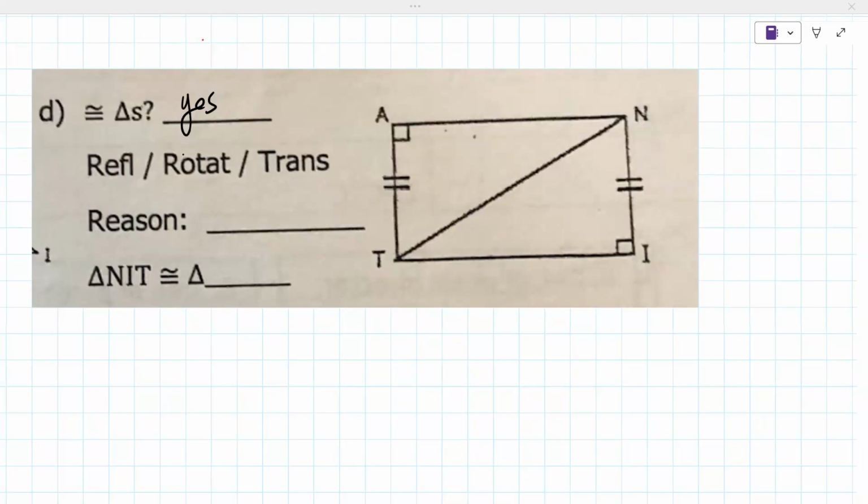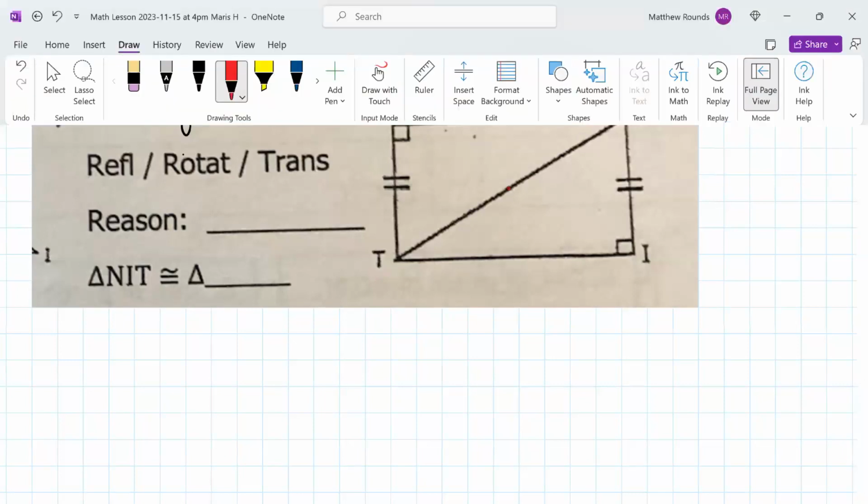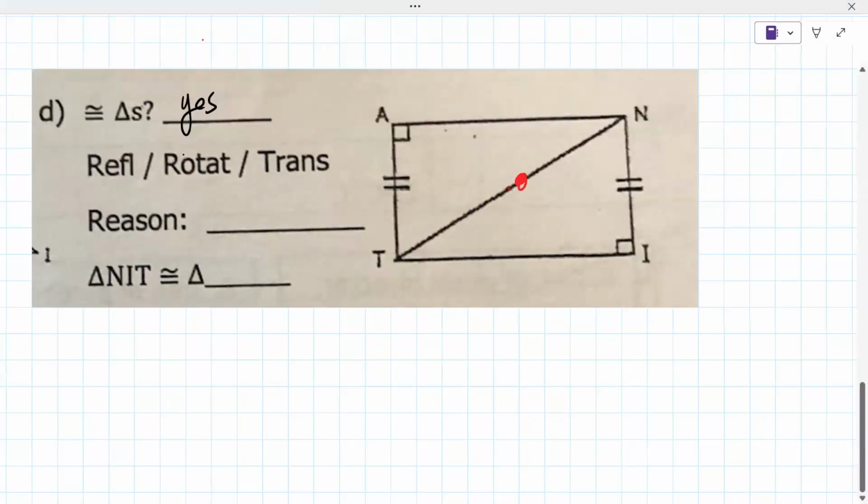Looks like rotation. Okay, what point is it rotated about? Like the center of the diagonal. Okay, yeah, that would work. Okay.